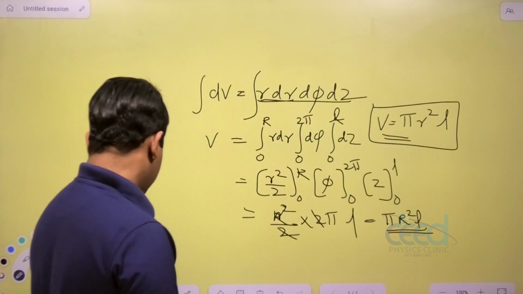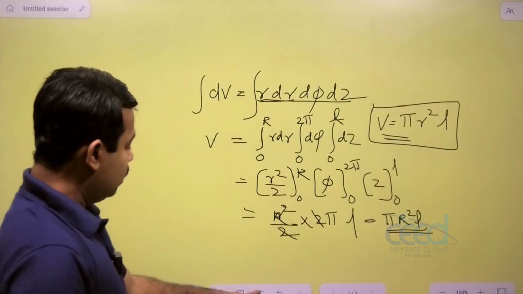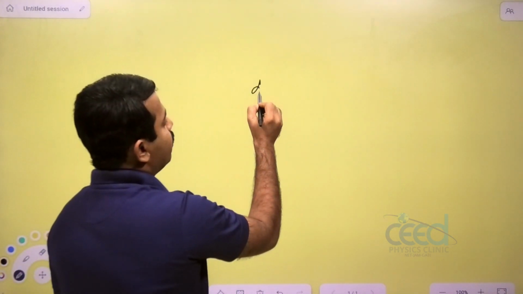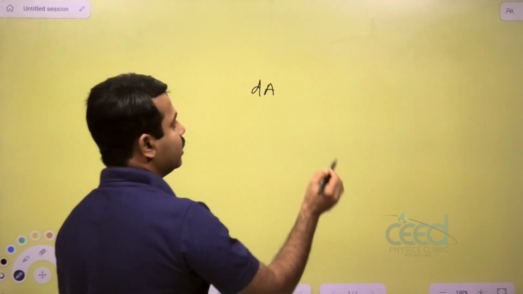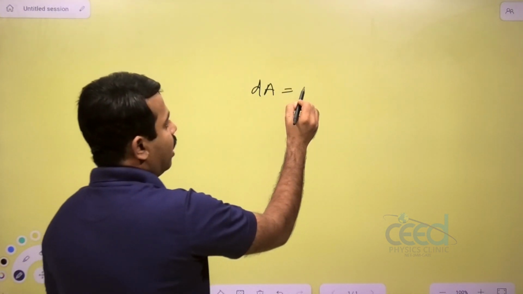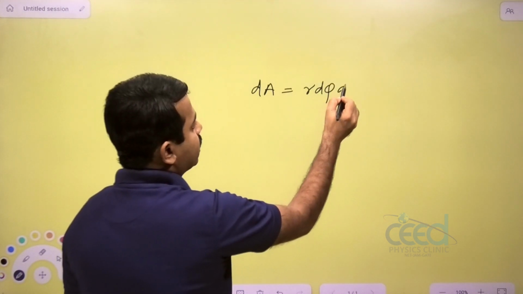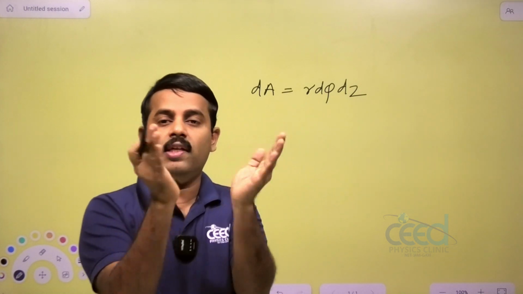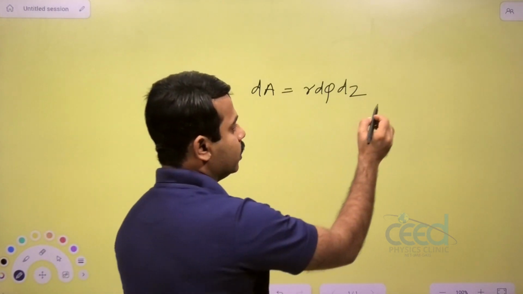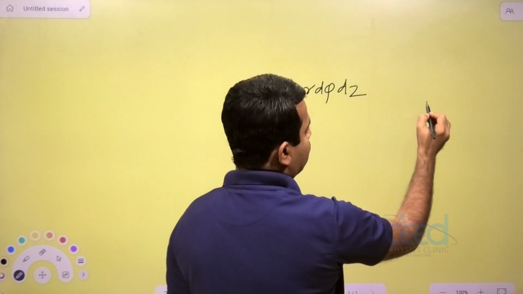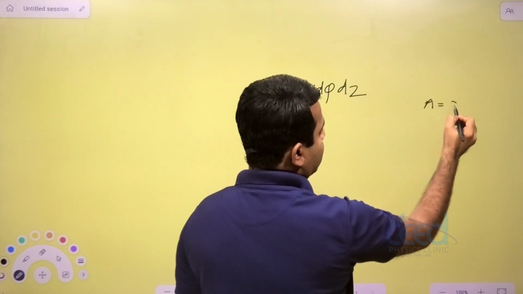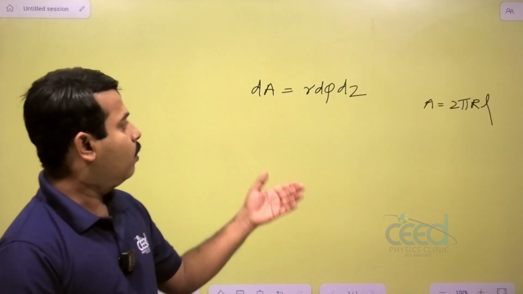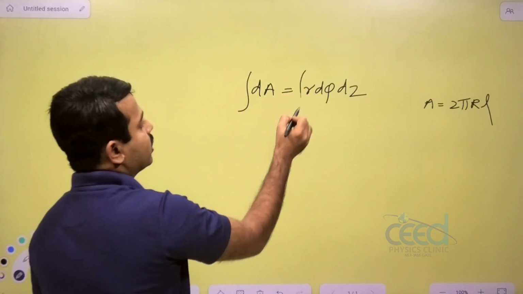Okay, now let us see what the areal element is. The areal element we have seen is r d phi dz. Now when we find the curved surface area of a cylinder, you know that value is 2 pi RL. Curved surface area 2 pi RL, alright. Now let us substitute, integrating on either side.